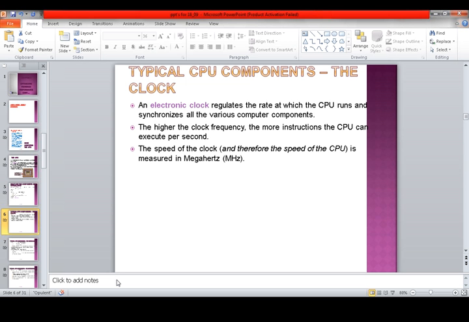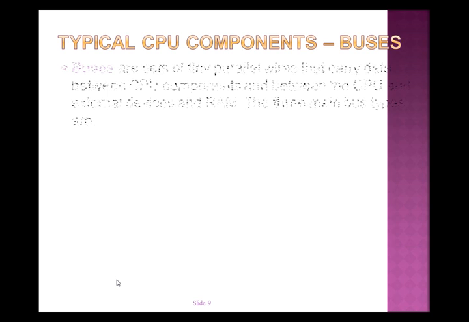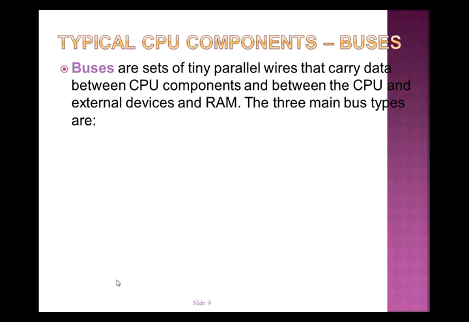Now, the next CPU component is buses, that is, what is the bus, what is the requirement, how it is useful for the CPU. Buses are sets of tiny parallel wires, that is, buses are the wires that are used for communicating or connecting the various components. Sets means there is a group of different wires. Parallel means more than one wire is used at the same time.